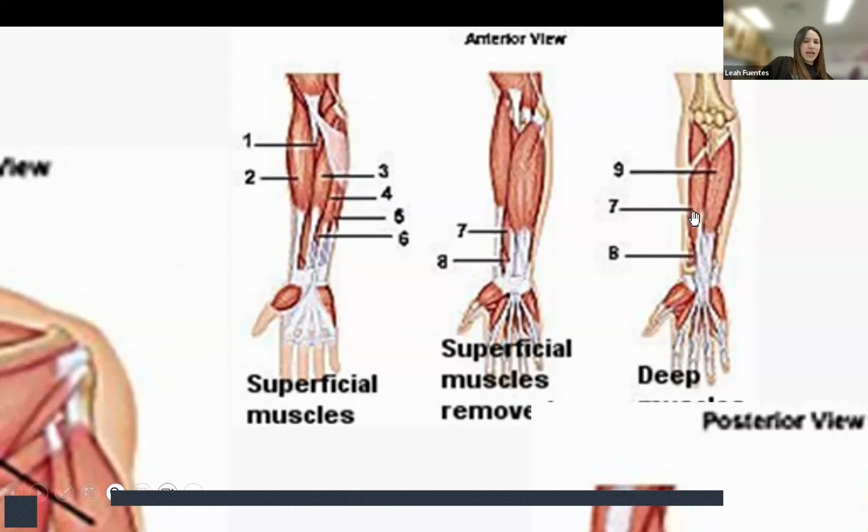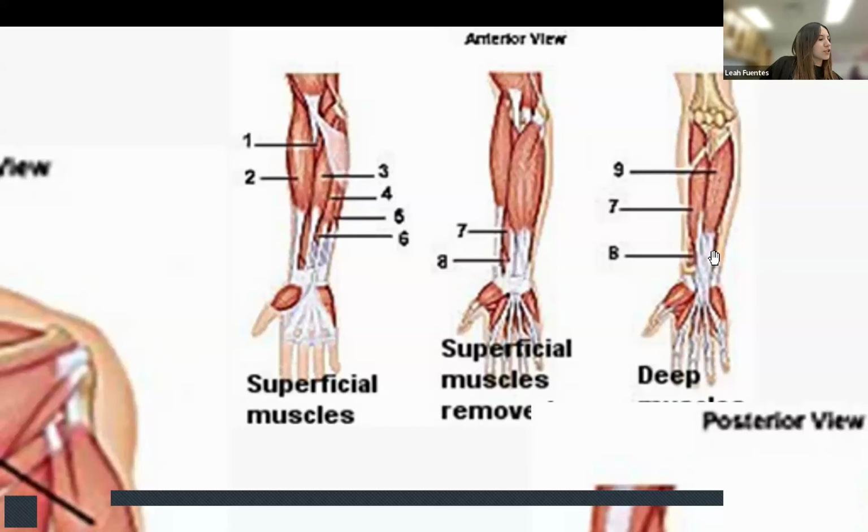And then let's see, 8. That kind of looks like it's pointing to the actual tendon. I don't think that's pointing to. I don't know if maybe you guys have a different image. Have it on my where she does the flexor digitorum superficialis. Wait, that one was the first one you said, right?